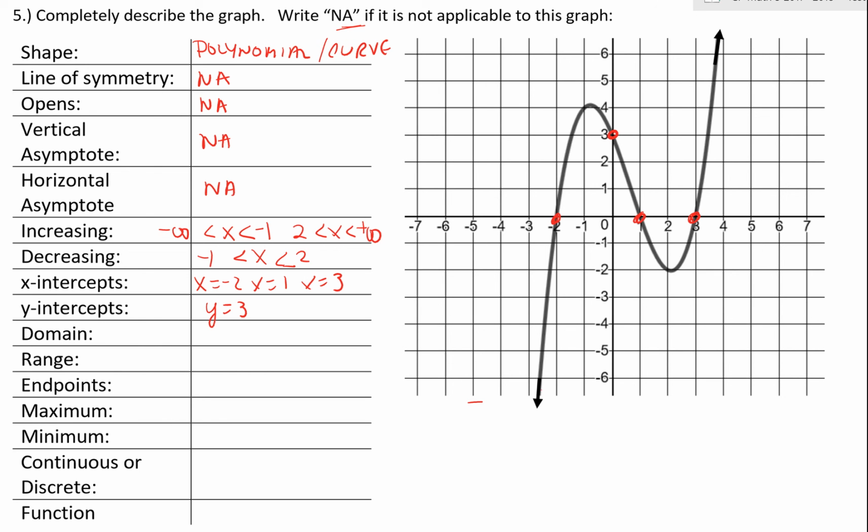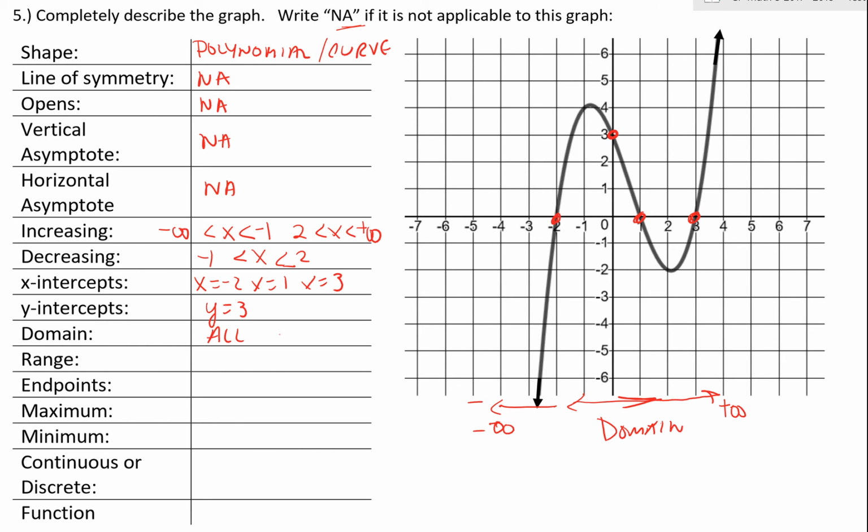The domain, now the domain is this way, right? And so as you look at it, as we go this way, we have an arrow, so this is going to positive infinity. As I go this way, it's going to negative infinity. So we would say this is all real numbers. Oops, that's not very good.